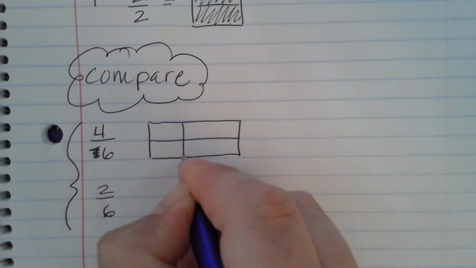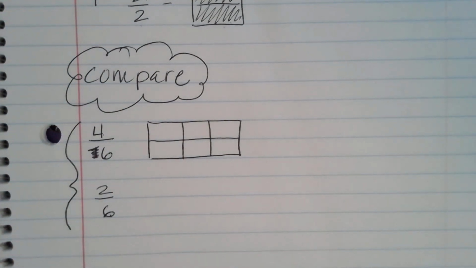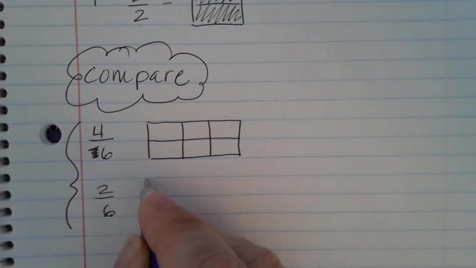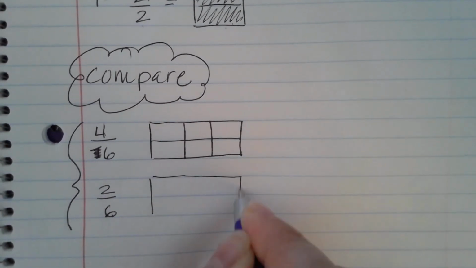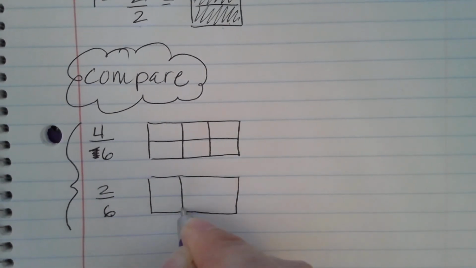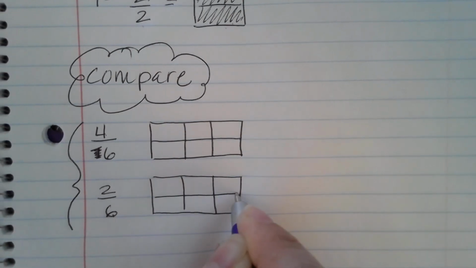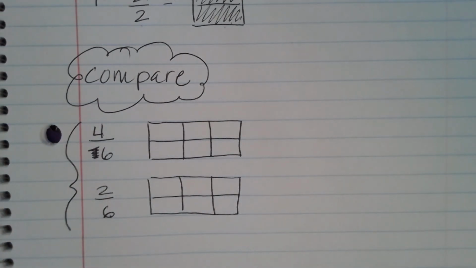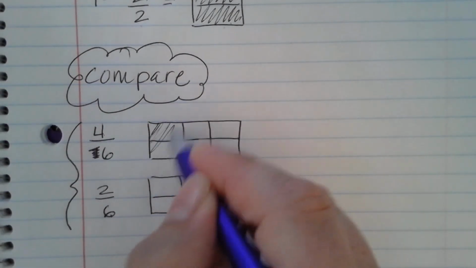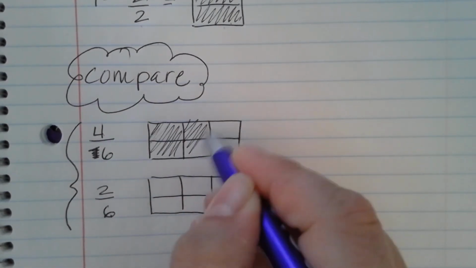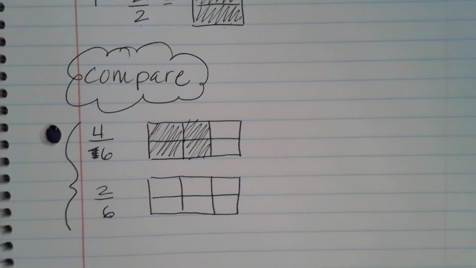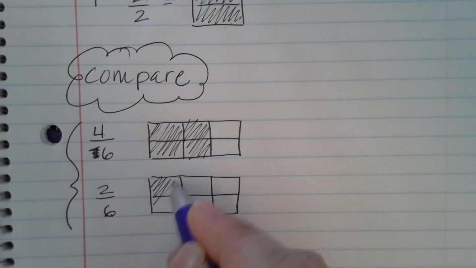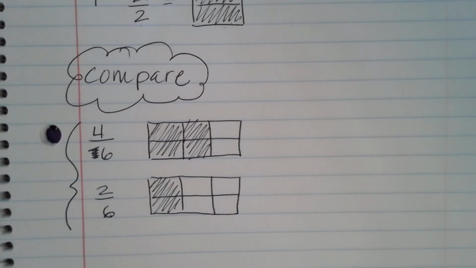So I'm going to break this into 3 columns. So there's my 6 pieces. I'm going to draw this one down here the same so that they are proportional to each other. And then if I make a visual of 4 out of 6, I'm going to shade 1, 2, 3, 4 on this one. And 2 out of this one.